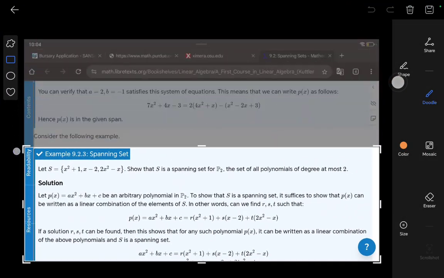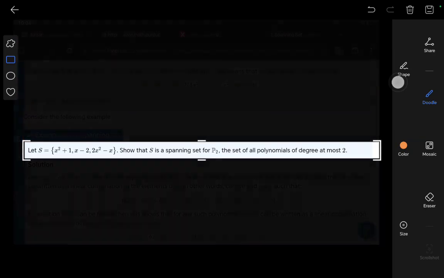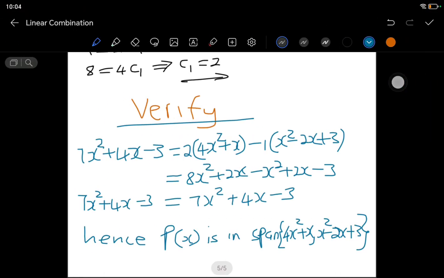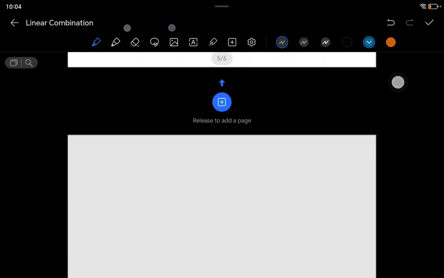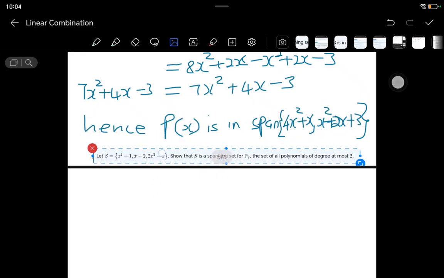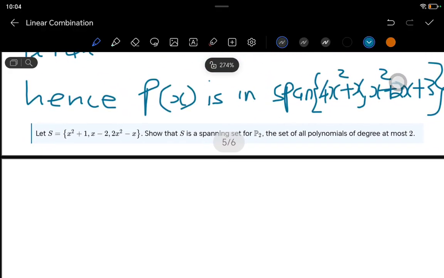And then we see now we're given this. They say let S be this and show that S is a spanning set for P2. We're not given P2 in this case.